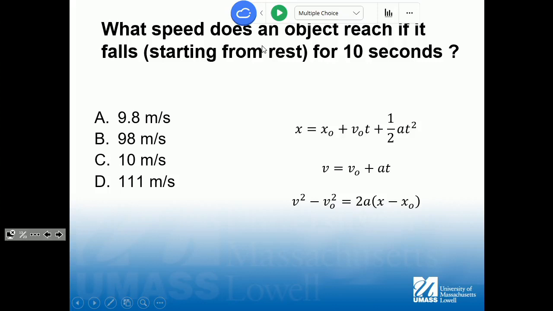Okay, now you guys have pen and paper in front of you. The kinematic equations are up there. I'm now giving you time, and I'm asking you how fast this object is moving. If it starts from rest, it falls for 10 seconds.